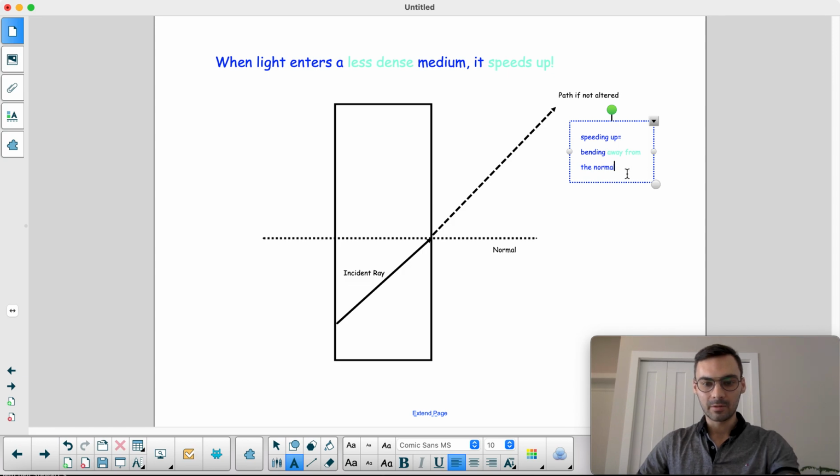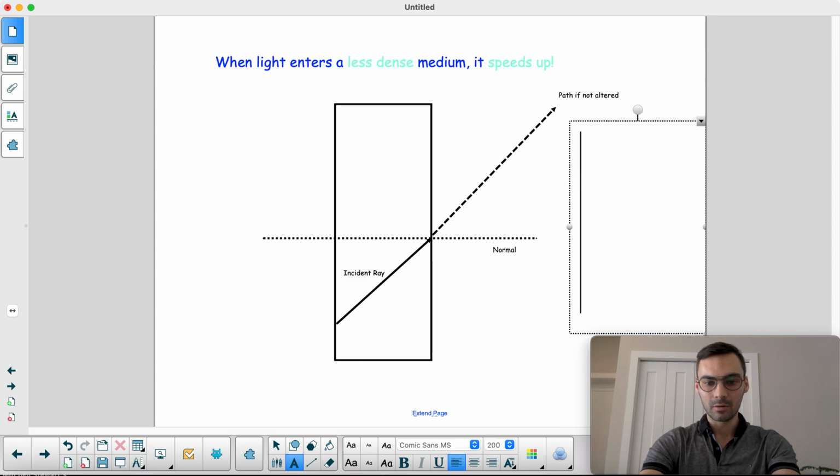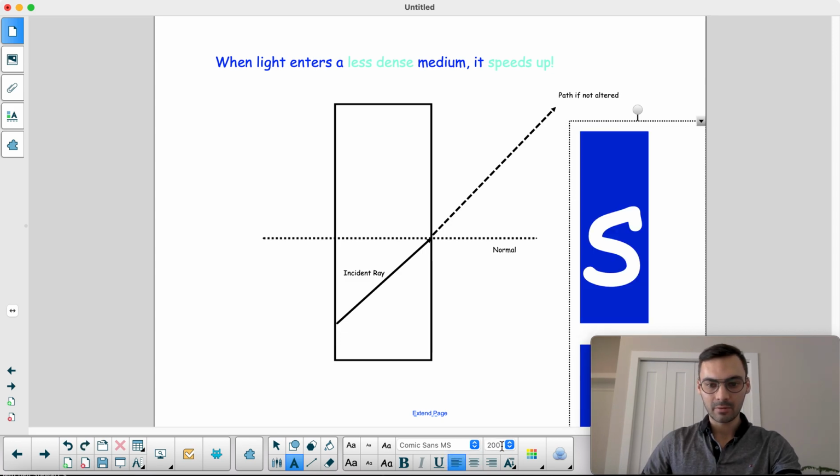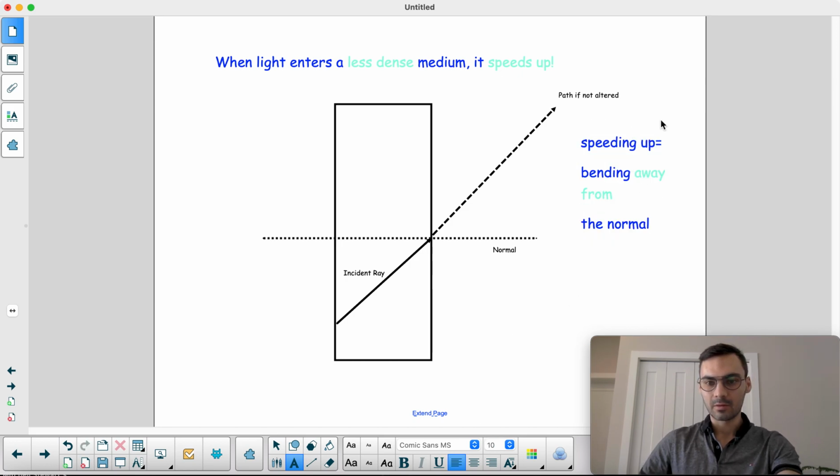Let's make that a little bit bigger because that's really, really important. All right, speeding up. If light is speeding up, it means it's going away from the normal.